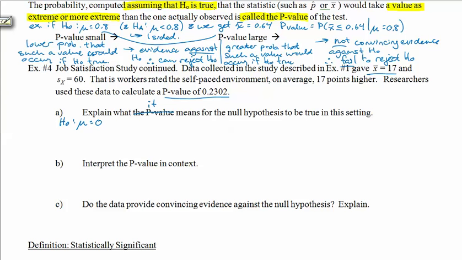This is the mean difference in satisfaction scores for the entire population of workers is 0.